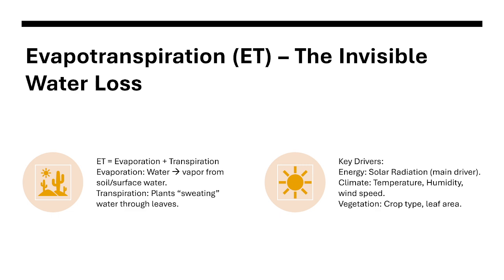Okay, so as said from prelims, we have the key drivers of evapotranspiration here. Okay, so we have your solar radiation, yeah, the sun, and the climate. We have your temperature, humidity, wind speed, and we also have your vegetation, crop type or leaf area.